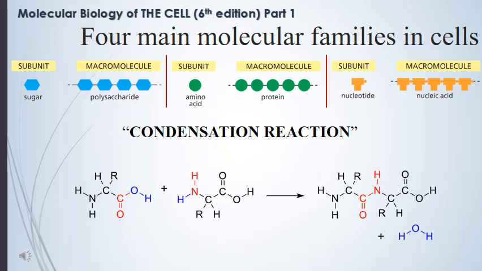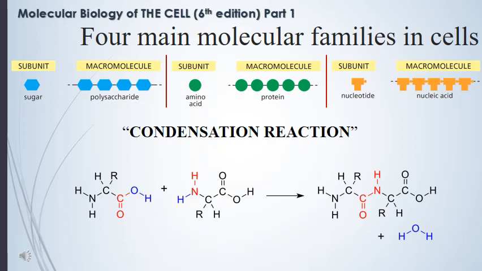So in this picture we have a COOH, which is the carboxyl group. The OH on the carboxyl group can be removed through a condensation reaction if it interacts with one of the hydrogens on the amino group on the adjacent amino acid. So through this condensation reaction, a bond is formed between the carbon and nitrogen of two adjacent amino acids, and as a result, a water molecule is released.